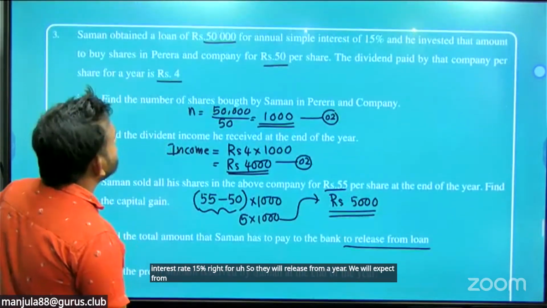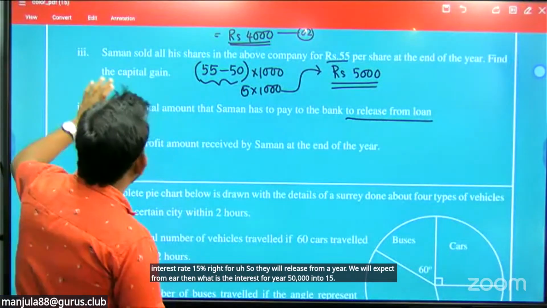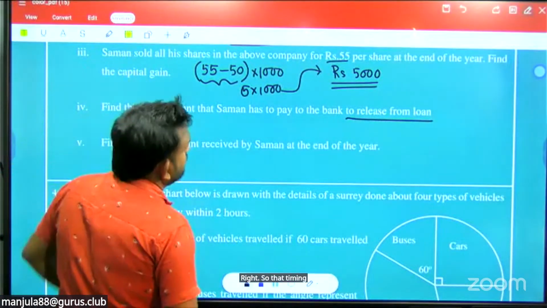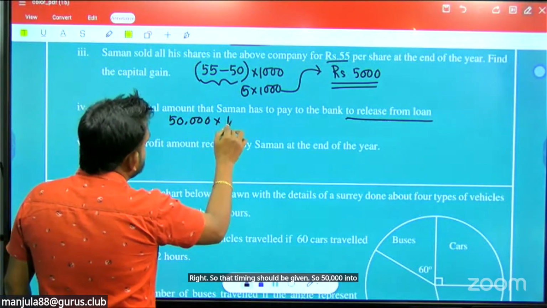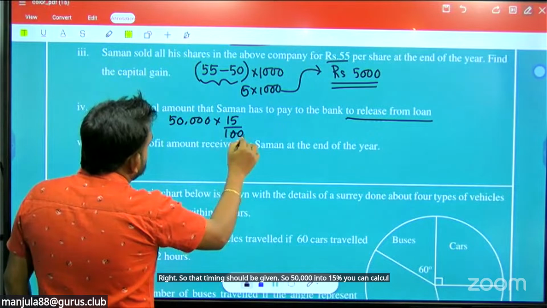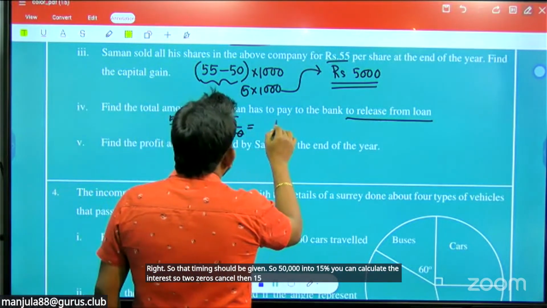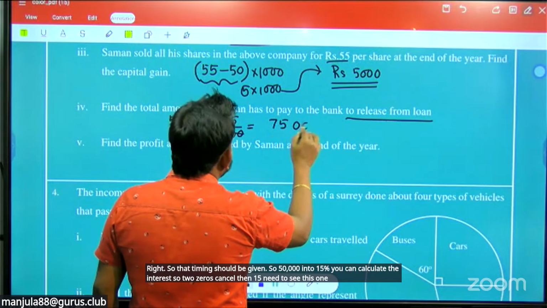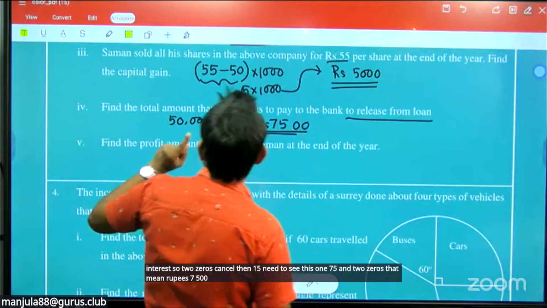Then what is the interest for year? 50,000 into 15%, right? So that timing should be given. So 50,000 into 15%, you can calculate the interest.